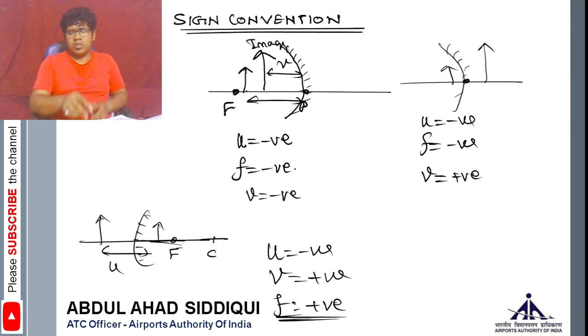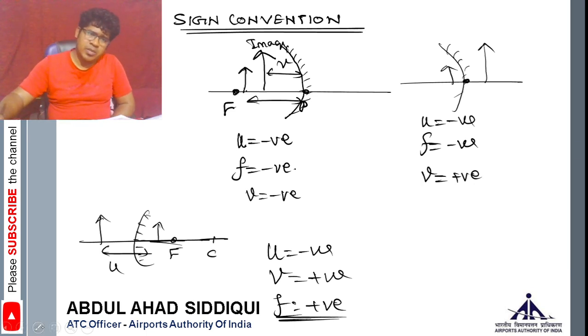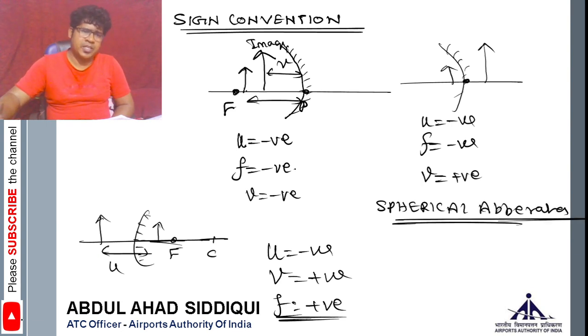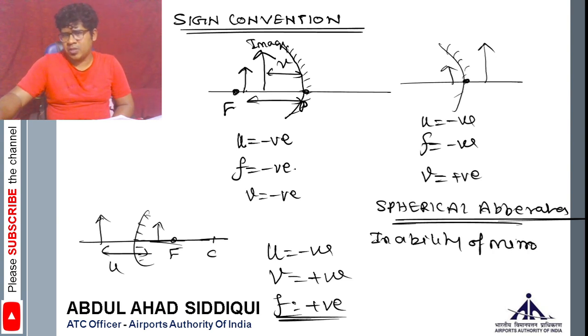There is one more important concept in the spherical mirror, that is spherical aberration. See, spherical aberration is the inability of the mirror to converge the parallel rays at the focus. It is a type of defect.